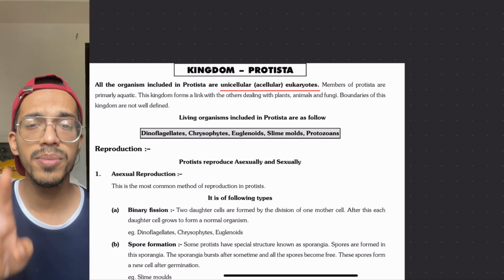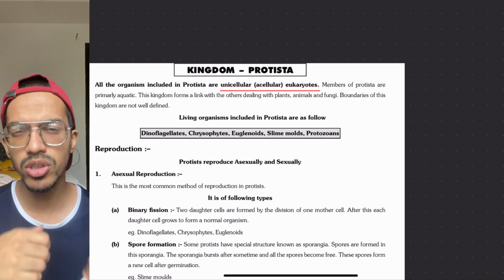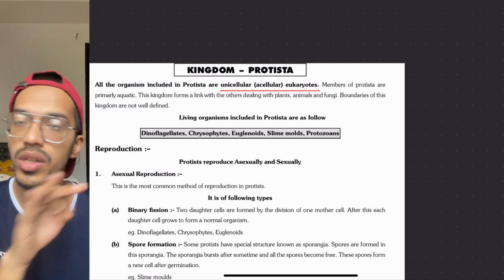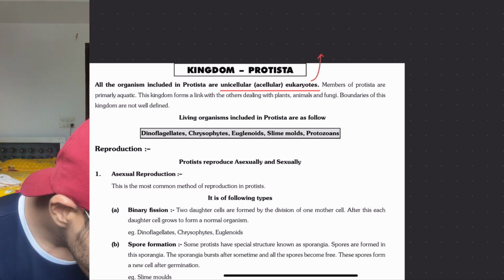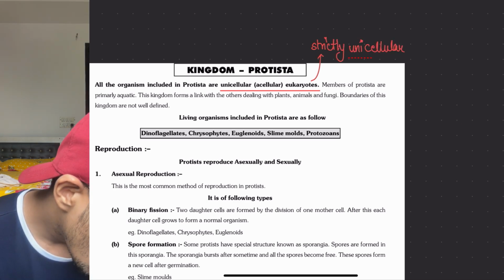They could be autotrophs, they could be heterotrophs. We know that they show a wide variety because a lot of unicellulars are present over here. Do they have any multicellular? No, strictly unicellular organisms only.